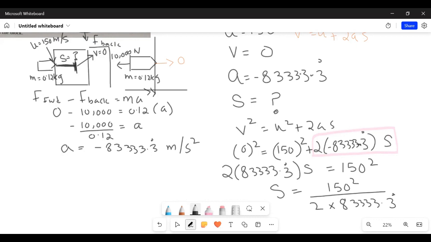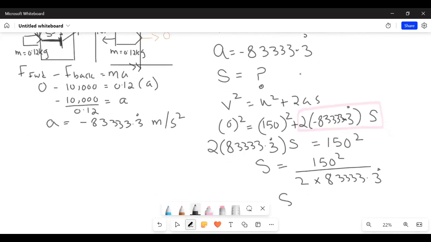This should be 0.135 meters. Are we getting that? Yeah. Our answer. Yes, ma'am. Okay, so this is the correct answer.